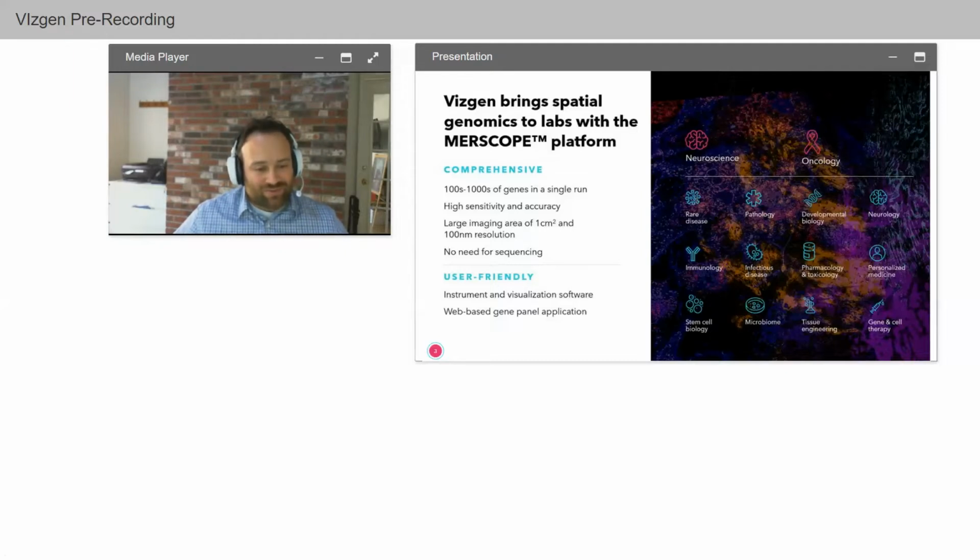In addition to that, we offer a web-based gene panel application. This allows users to build custom gene panels for their specific research within their application areas. And we see a wide range of application areas being studied with our system. We're very excited to offer these features.